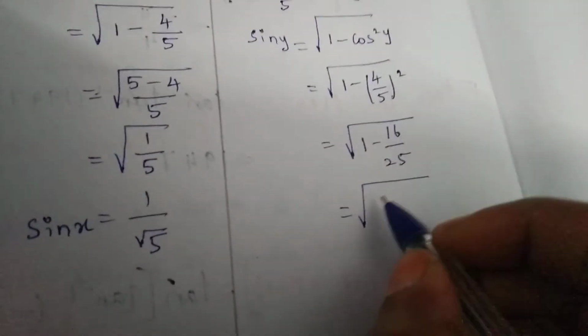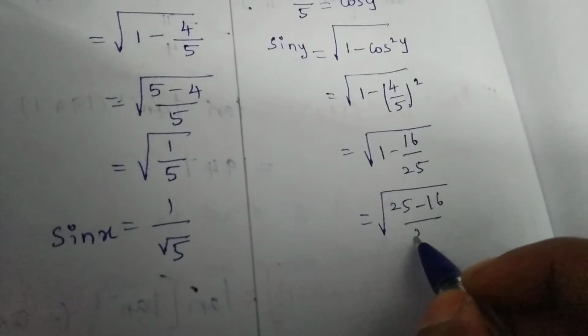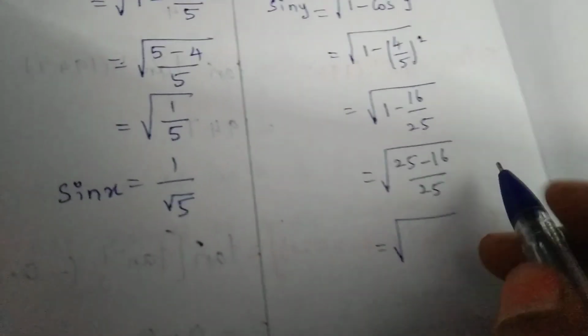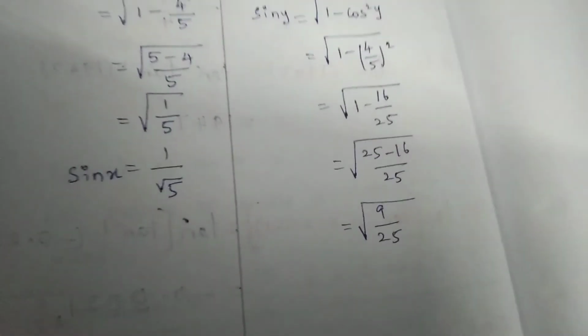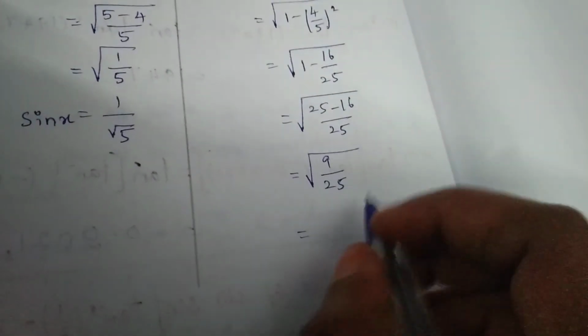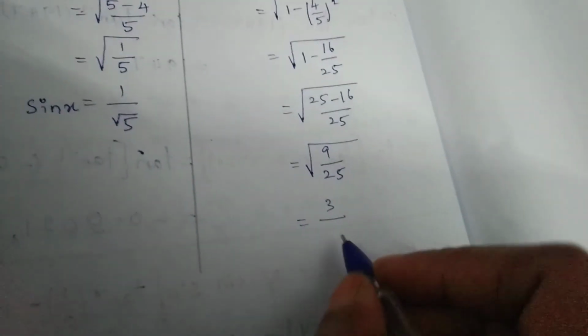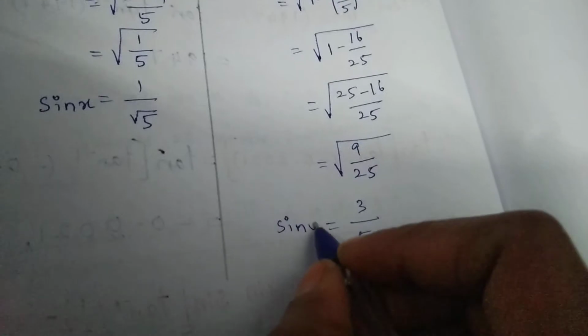Cross multiplication, 25 ones are 25 minus 16 by 25. Simplify the numerator, 25 minus 16 is 9, so 9 by 25. Taking square root, the square root of 9 is 3 and the square root of 25 is 5, so 3 by 5. This is the value of sin y.